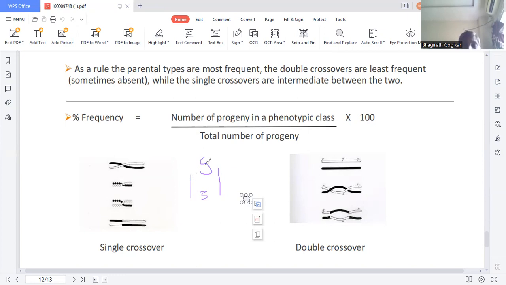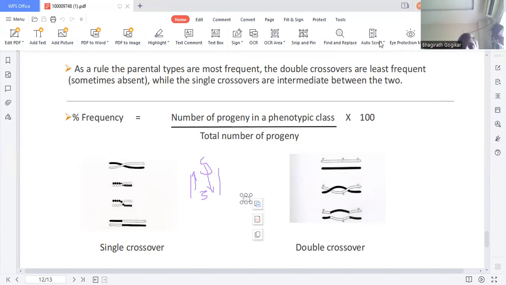So that's why S is migrated to another chromatid. This small s gene is migrated to the opposite homologous chromosome. That's why we are getting a different combination. So in this way, you have to identify the double crossovers.